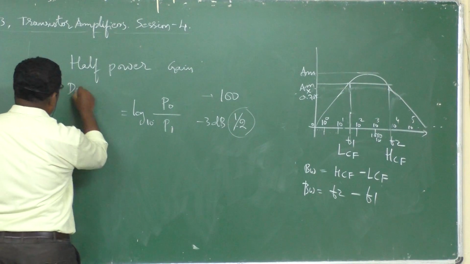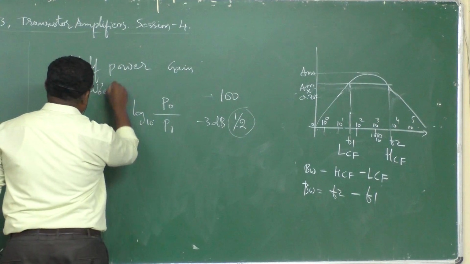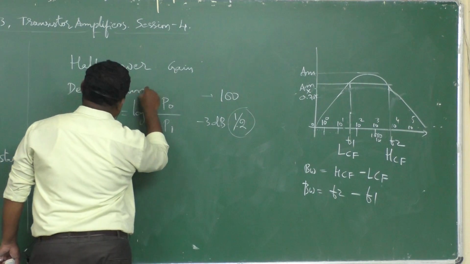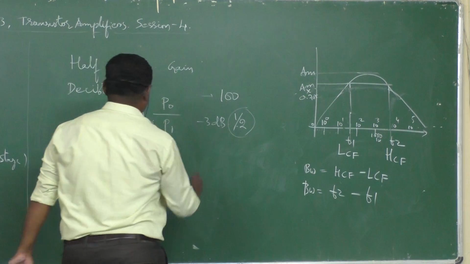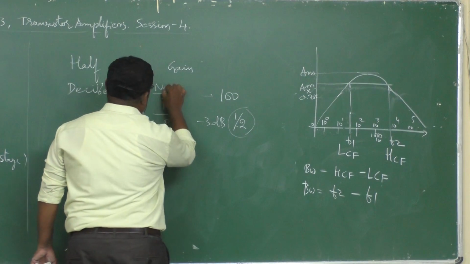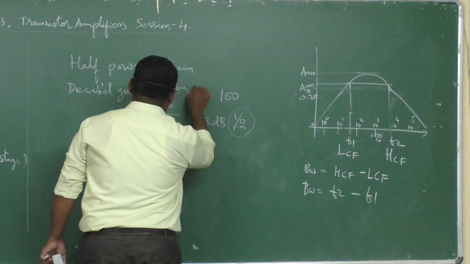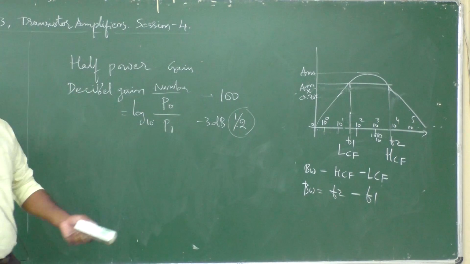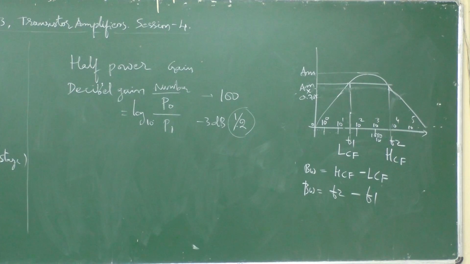Decibel gain is nothing but a number. Generally it is a number for us, represented in number. But how exactly is it calculated? It is calculated in terms of power gain in bells, or it is also known as decibels.